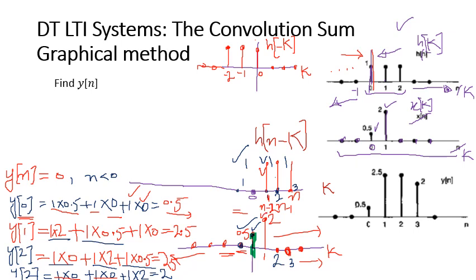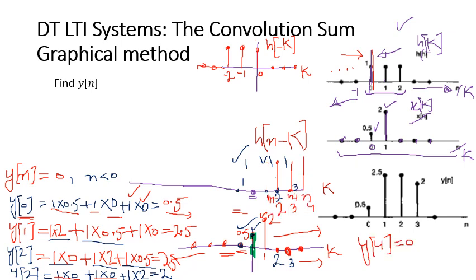Okay, if I move one more position to the right, you will see that the non-zero overlap is 0. We don't have any non-zero overlap. What does non-zero overlap mean? Non-zero overlap means that both the response and the signal are non-zero.